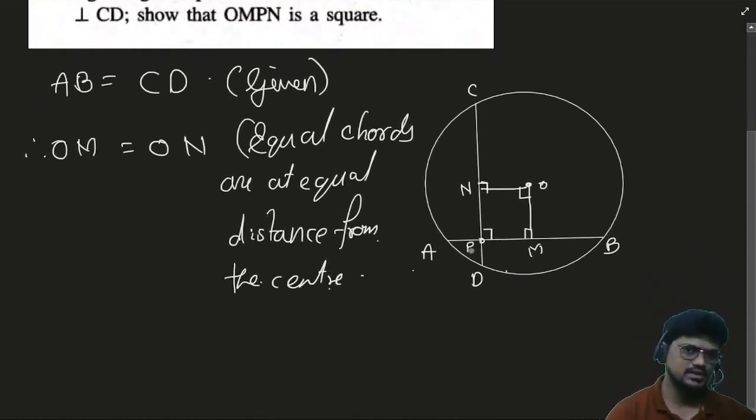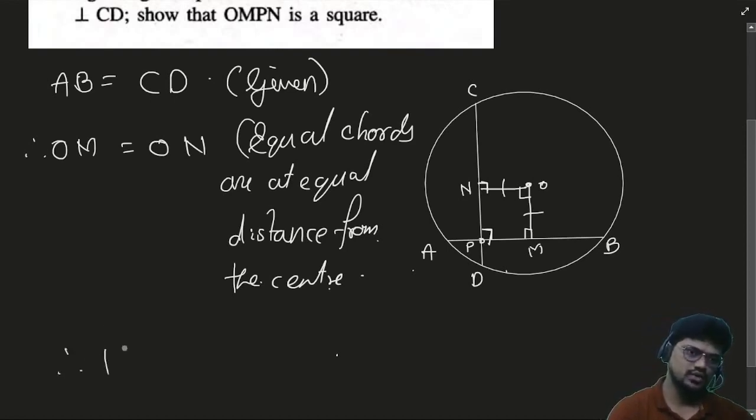This was already 90 degrees, so the third one is also 90. If all of them are 90 degrees, the quadrilateral is a rectangle. If the adjacent sides are equal, then the quadrilateral is a square.